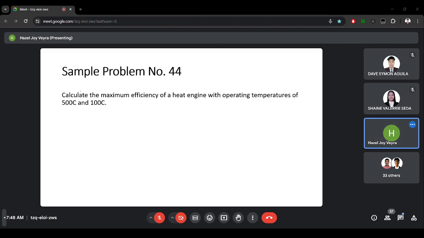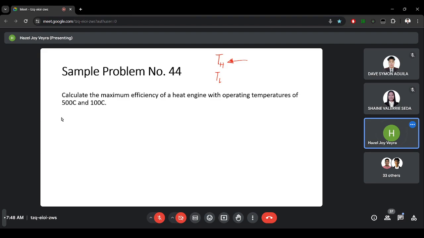If we are going to solve a problem related to Carnot cycle, let us denote the temperature as T sub H and T sub L. So T sub H is the high temperature or the temperature coming from the hot reservoir, and then the T sub L is the temperature coming from the sink, or the cold reservoir.